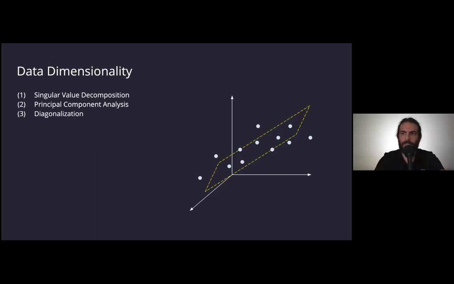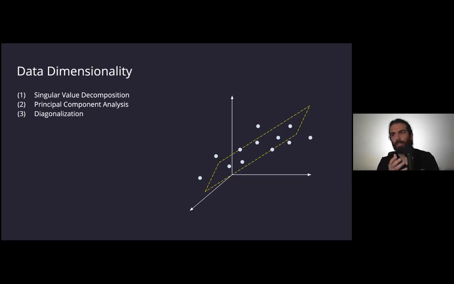Leaving height and weight in that data set doesn't necessarily help the model learn important parameters. Instead, it increases the dimensionality of the data, which makes it harder for the model to learn. So one thing that we could do is perhaps collapse the data, reduce the number of features that are in your data set.